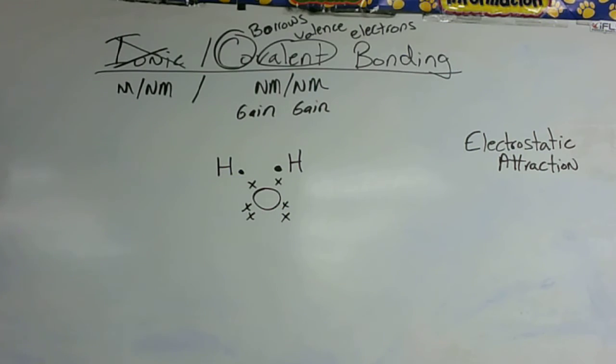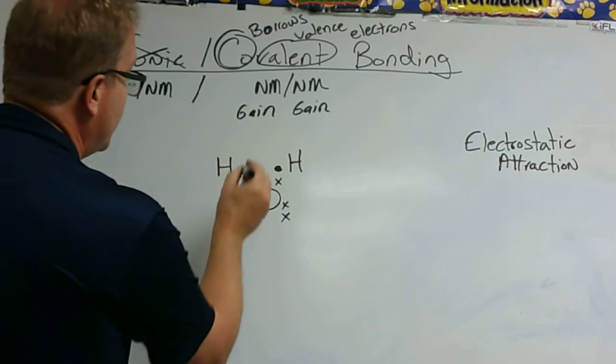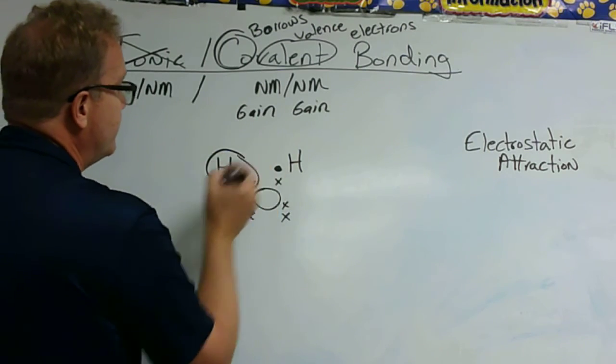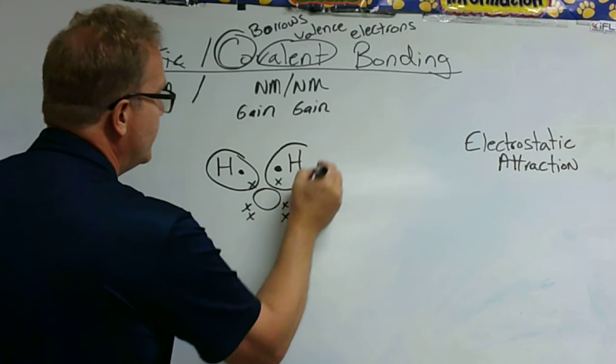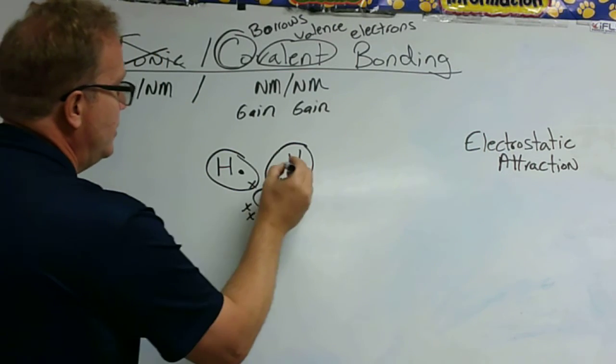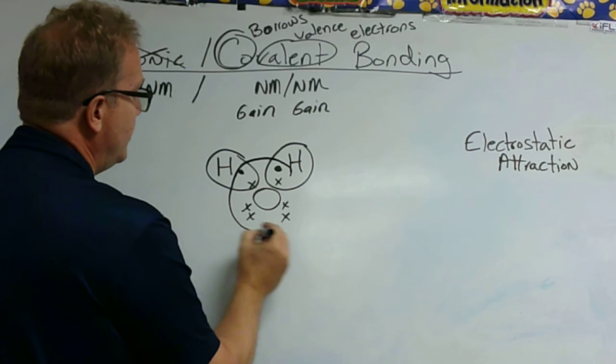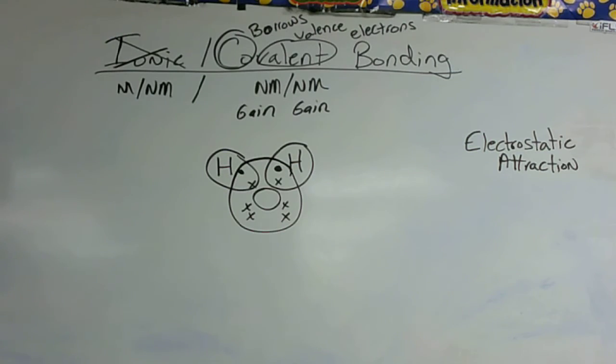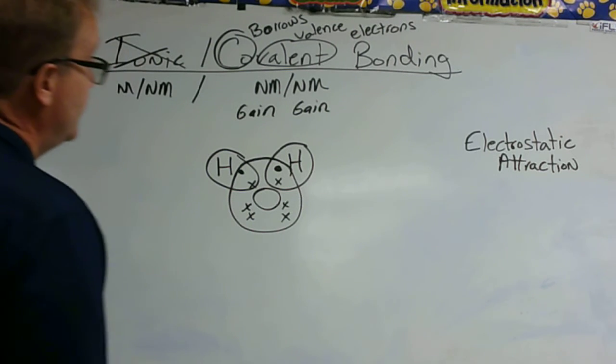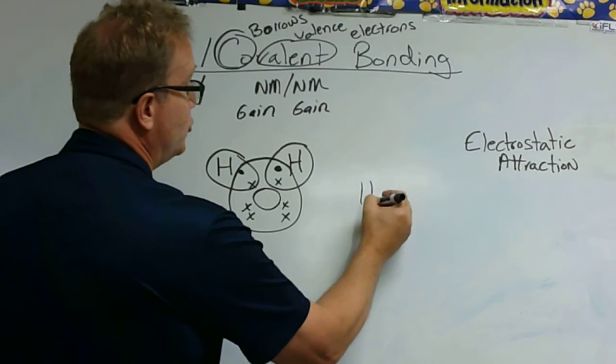Put them as far apart as possible. Again, hydrogen wants only 2 electrons, so that fulfills what it wants. This fulfills what it wants. And there's the 8 that oxygen wants to fulfill the octet rule. We know that water is H2O.